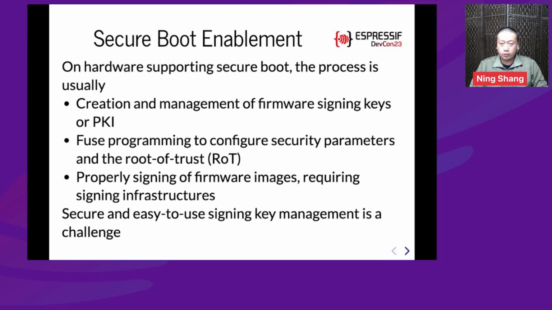Second, we need to connect the newly created keys to the hardware root of trust. So we need to do field programming to configure security parameters and the root of trust into hardware. Then we need to properly sign firmware images, because once Secure Boot is enabled, all the images need to be signed in order to run on the device.